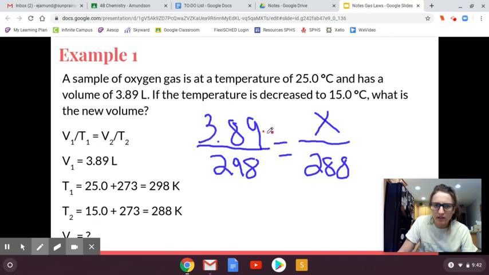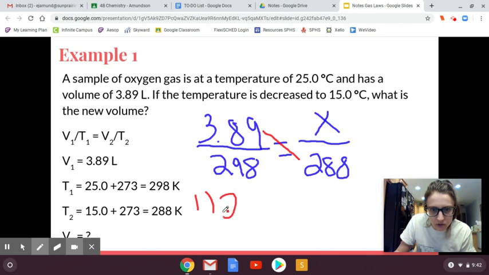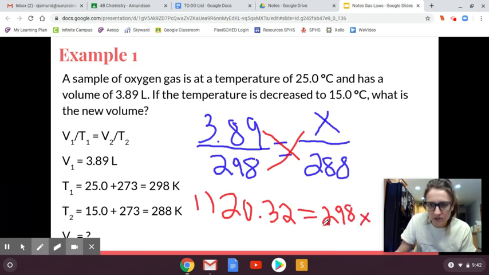This cross then is 3.89 times 288, which if you plug it into your calculator is 1120.32. And you set that equal to the other cross, which is 298 times X, or just 298x. And now to get X all by itself, I will divide both sides by the 298.